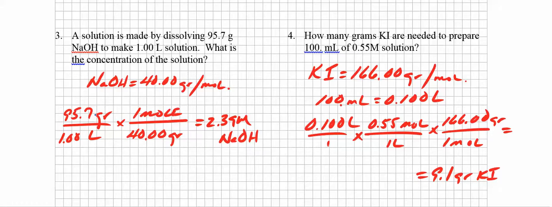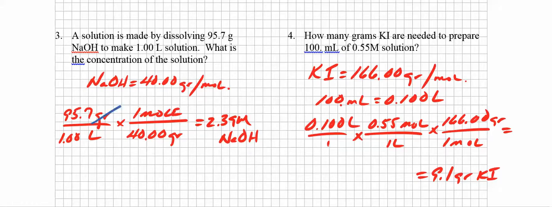So now let's go back to the 95.7 grams of the sodium hydroxide. If I say 95.7 grams per 1 liter, that's a way of describing the concentration, but it's not in the right unit. Remember that I need moles per liter, not grams per liter. So I'm going to say 95.7 grams per 1 liter to begin with, but then I'm going to multiply it by the molar mass. 1 mole is the equivalent to 40 grams of sodium hydroxide.